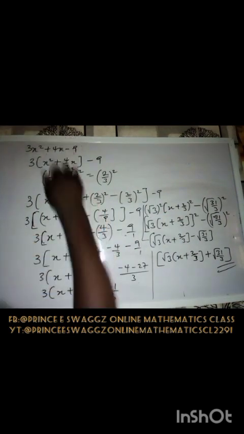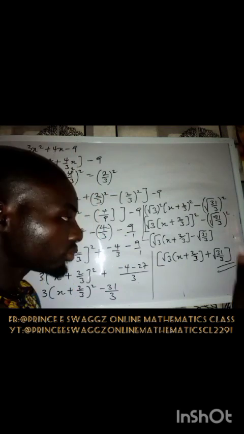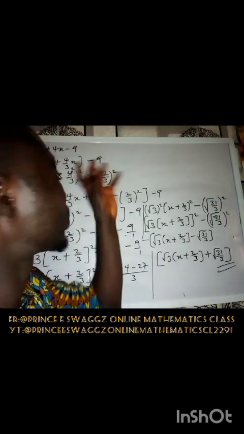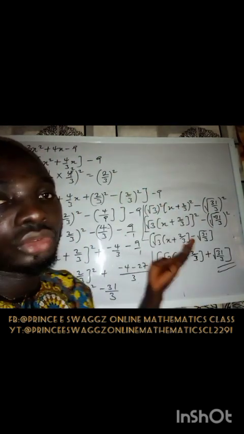And that is the final answer. If we expand this, we are going to have the expression back. This method can be used to solve any quadratic expression, especially one that you cannot factorize easily. Use this method and you'll get your answer.